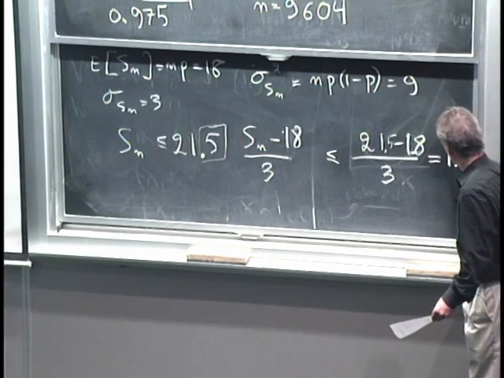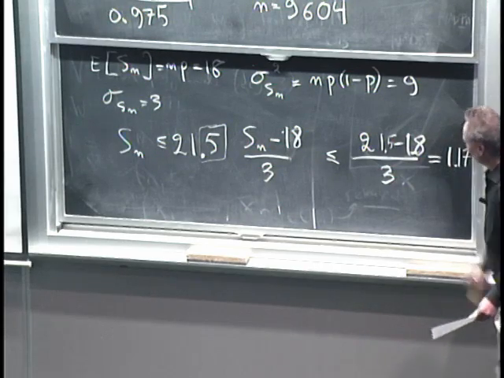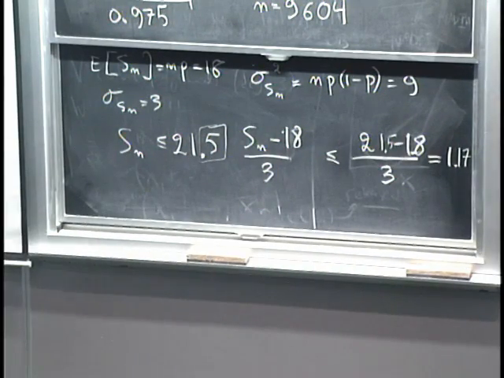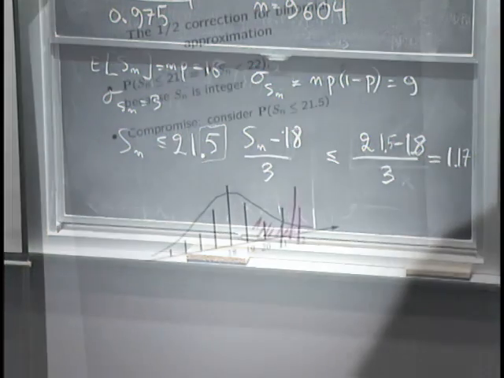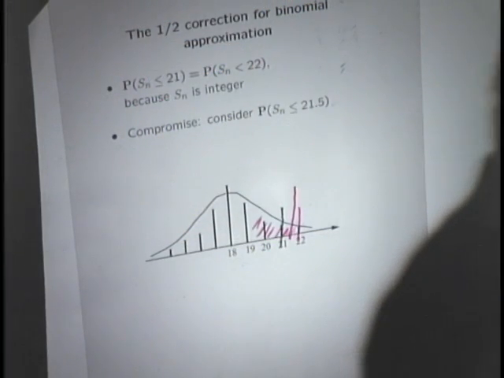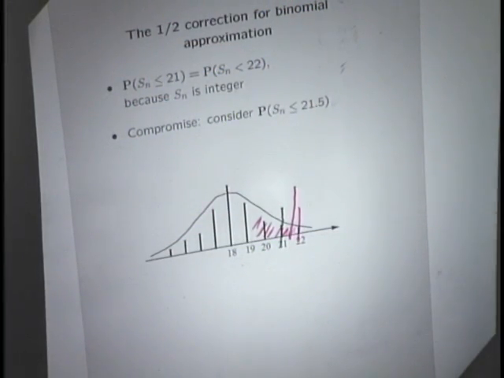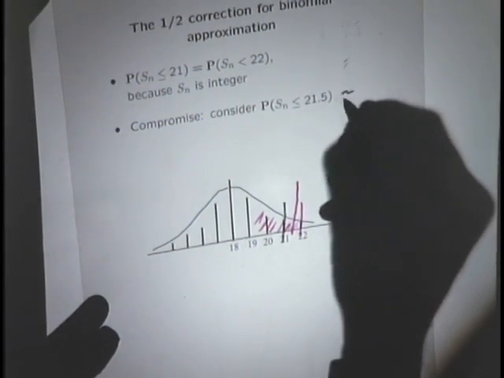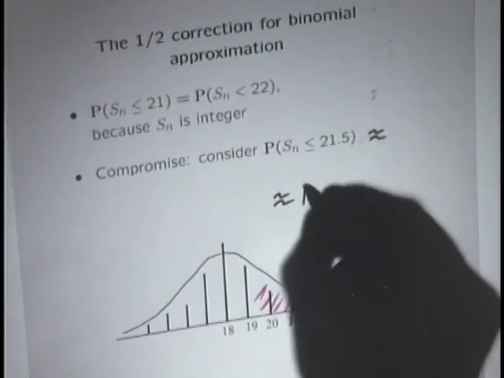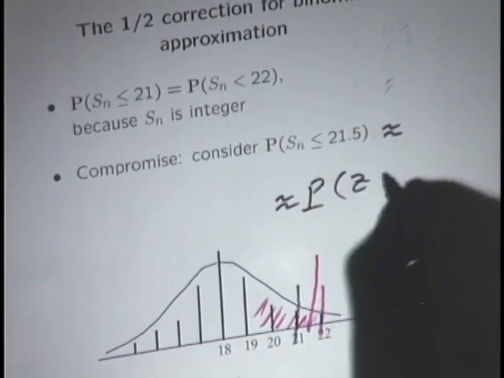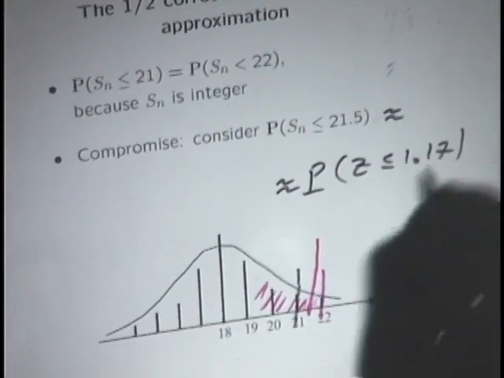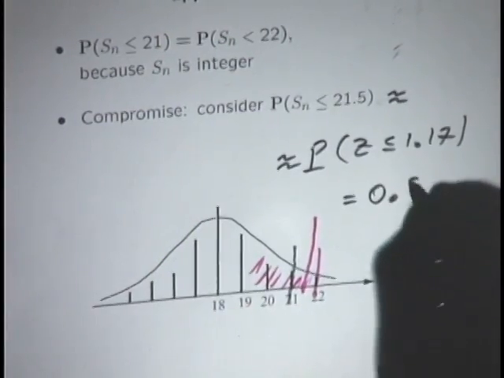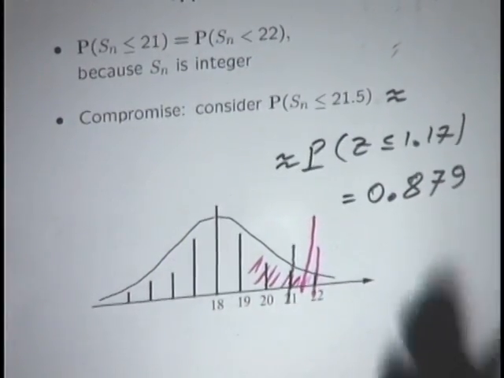This is 1.17. So we now look up at the normal tables and ask for the probability that Z is less than 1.17. So this here gets approximated by the probability that the standard normal is less than 1.17. And the normal tables will tell us that this is 0.879.